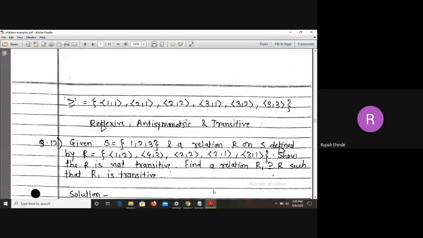Now show that a relation R is not transitive and find a relation where R1 includes R such that R1 is transitive. Okay. So first of all, we have to show that this relation R is not transitive. Now you have to tell me how we can justify for this statement. How we can show that R is not transitive.